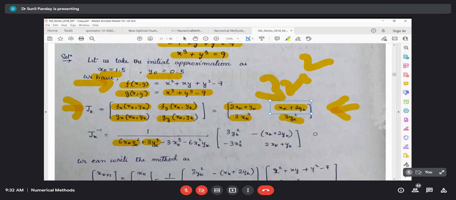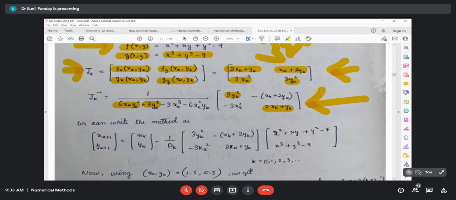Then you have to calculate the adjoint matrix of this 2 by 2 matrix: the diagonal entries are interchanged, and the others take their negative signs. I know you know how to calculate the inverse of a 2 by 2 or n by n matrix. So you have calculated this.